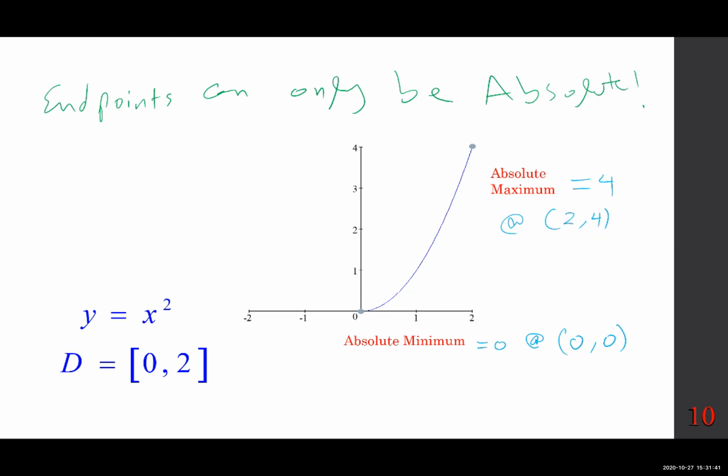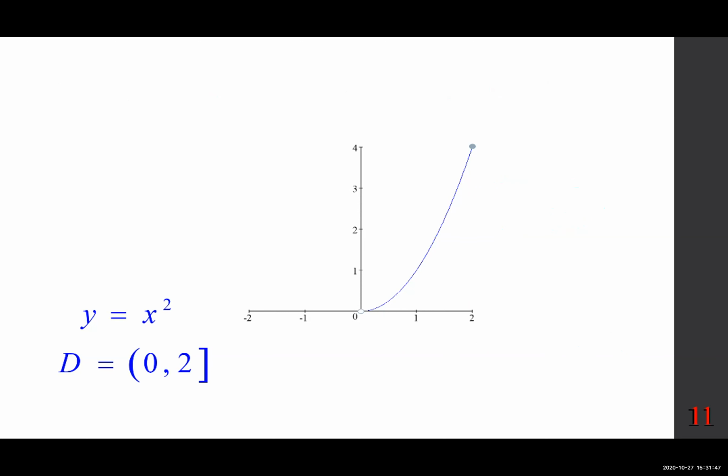So I want to make sure everybody's comfortable with that. When you look at this case, because it's half open, parentheses, half closed, bracket, then we don't have a min, but we do have a max. Okay, everyone?